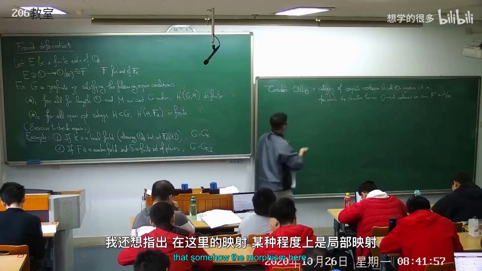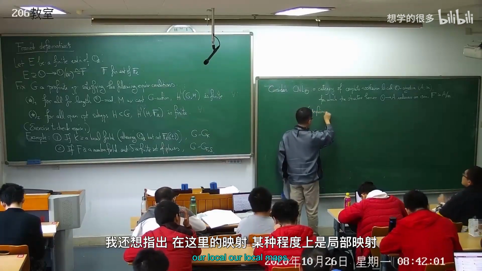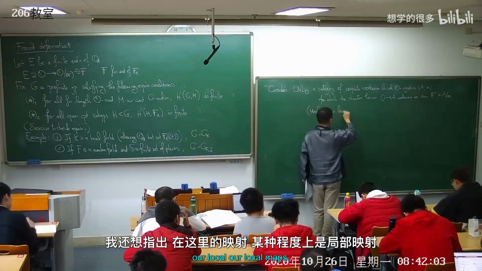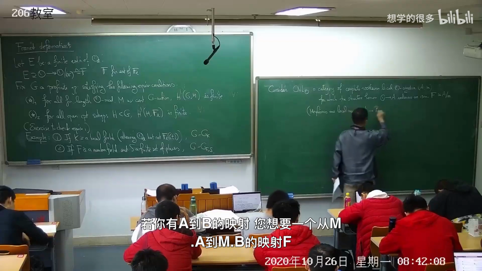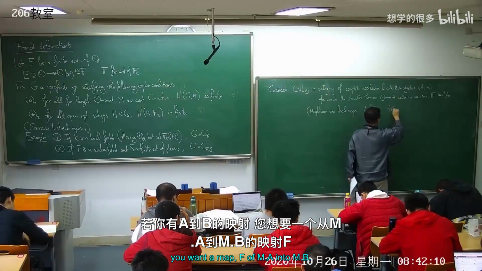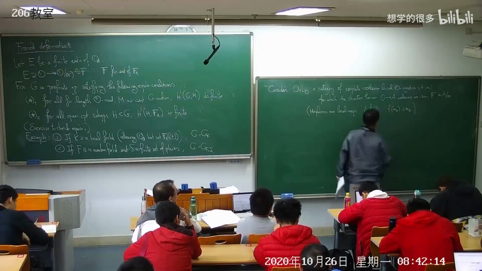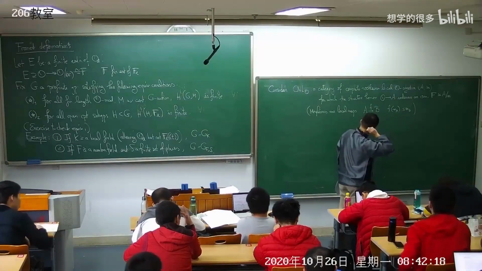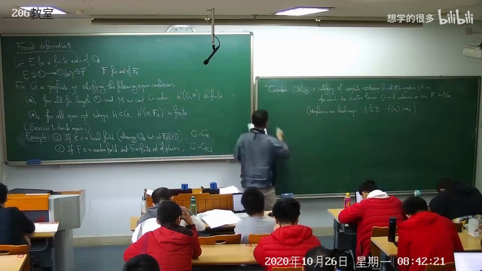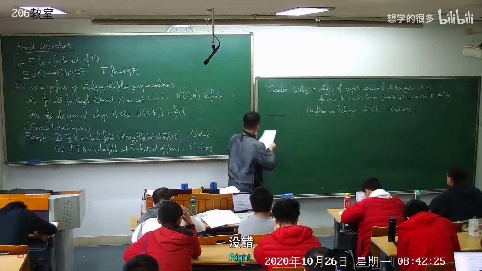And also I want to point out that the morphisms here are local maps. Namely, when you have A to B, you want f to map M_A into M_B.